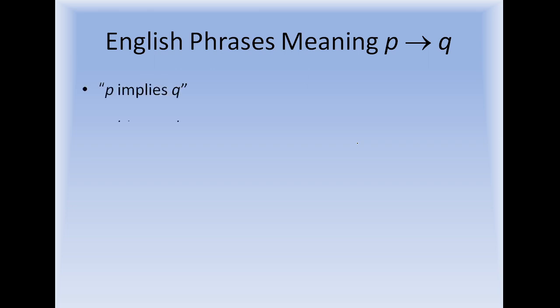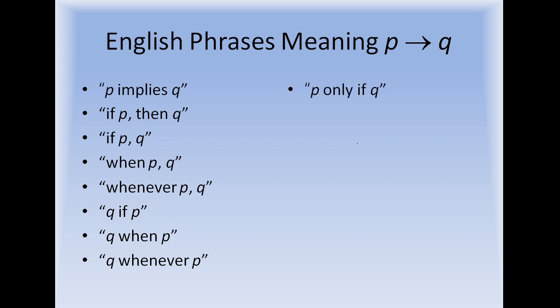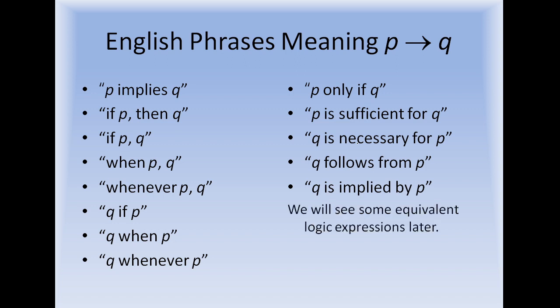It is P implies Q. If P then Q. If P, Q. When P, Q. Whenever P, Q. Q if P. Q when P. Q whenever P. P only if Q. P is sufficient for Q. Q is necessary for P. Q follows from P. Q is implied by P. These are all logically equivalent expressions that we can use.